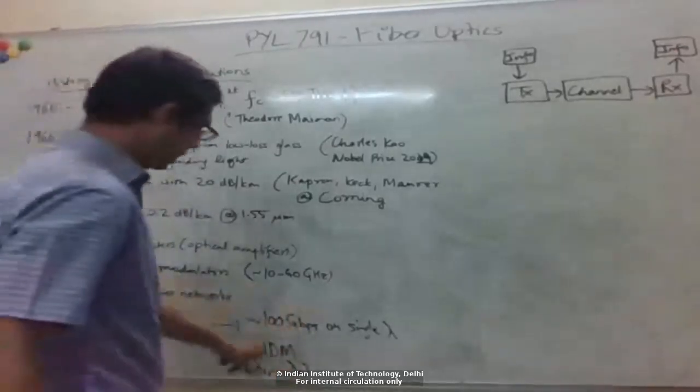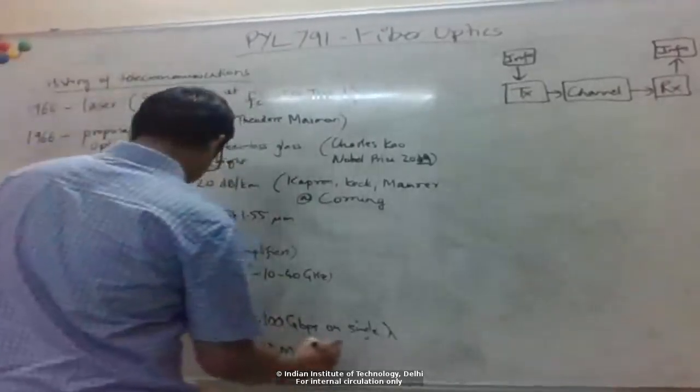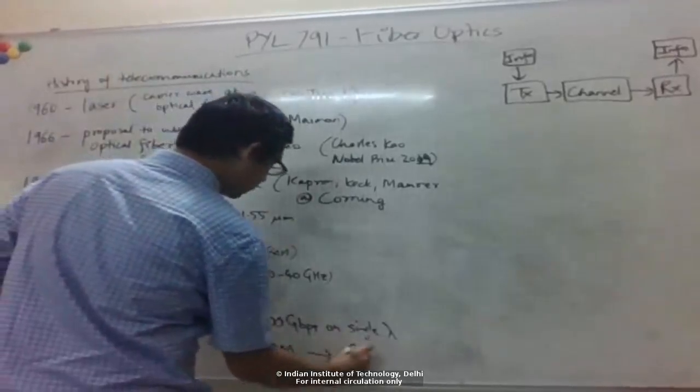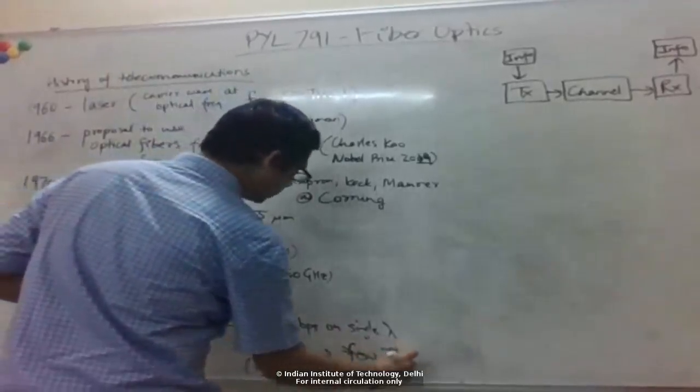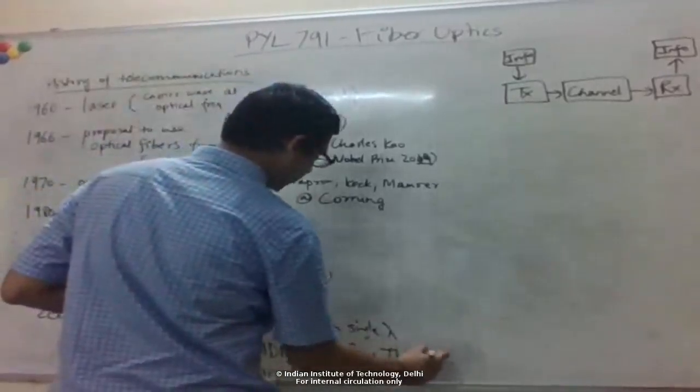And you can encode data on each wavelength channel. Right? So with this wavelength division multiplexing, people have gone to a few terabits. People have already demonstrated commercial systems with a few terabits per second of data.